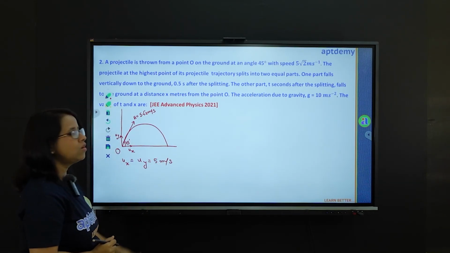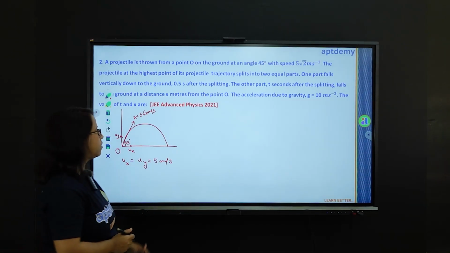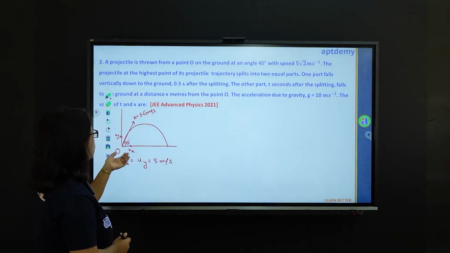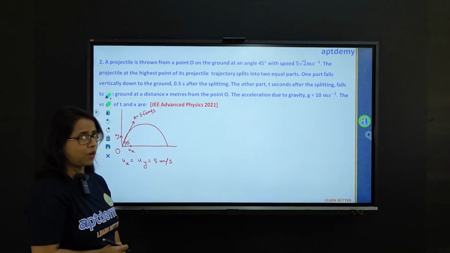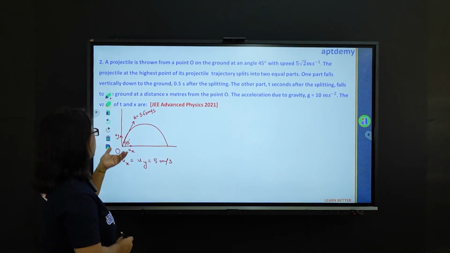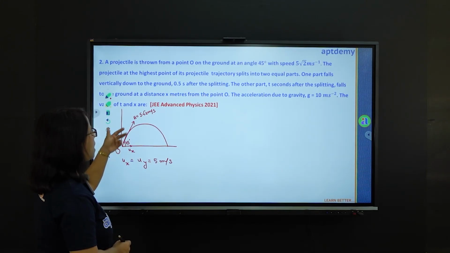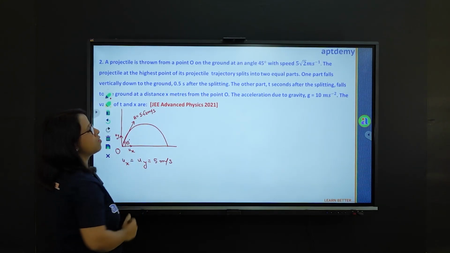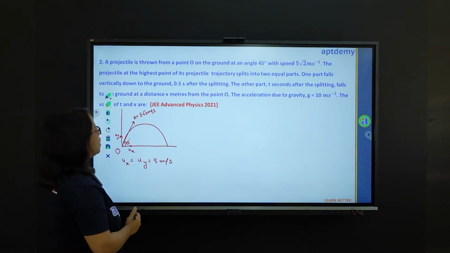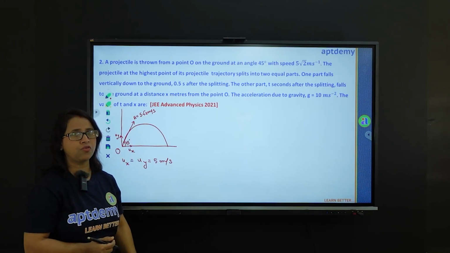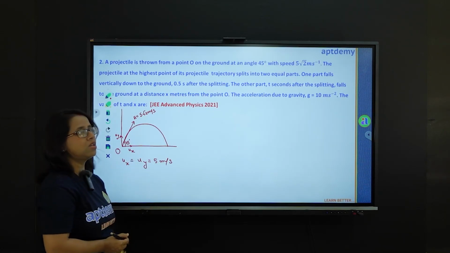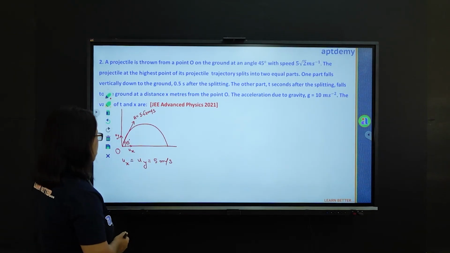This is by the process of addition of vectors. u square will be equal to ux square plus uy square. So ux square plus uy square is equal to u square, that is 5 root 2 whole square. So we get that the sum of the two is equal to 5 square, or each is equal to 5 meter per second.